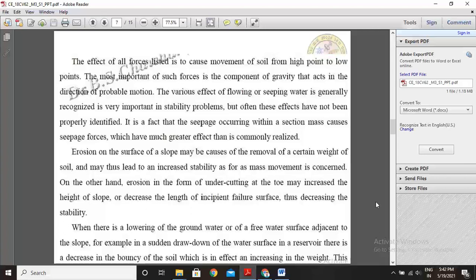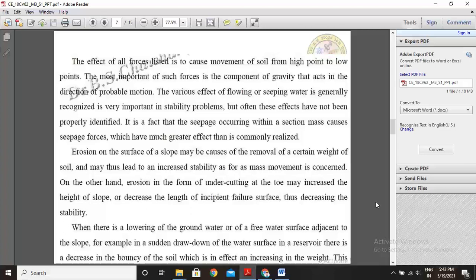The effect of flowing or seepage water is generally recognized as very important in stability problems, but often these effects have not been properly identified. It is a fact that seepage occurring within a soil mass causes seepage forces which have much greater effect than is commonly realized.